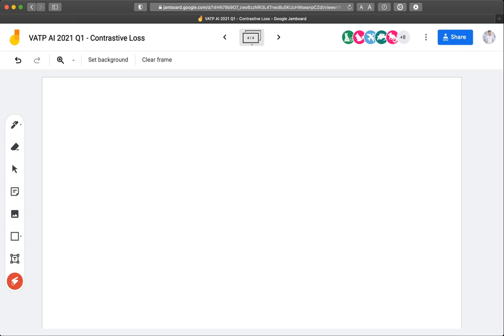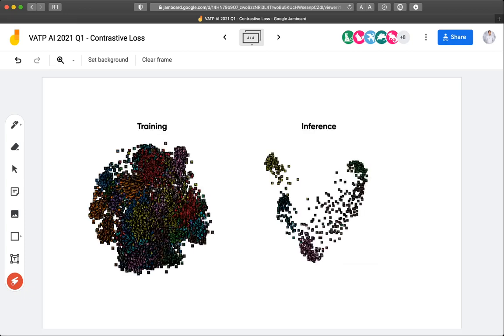I trained the model on EMNIST, extended NIST, and then I selected a specific number of classes that I never showed during the training, just for the inference. And if I show them for the inference, I see that they cluster really well. But there's another caveat here.